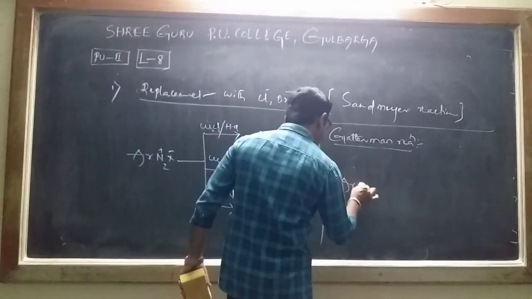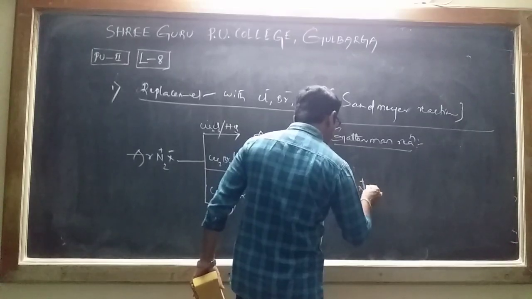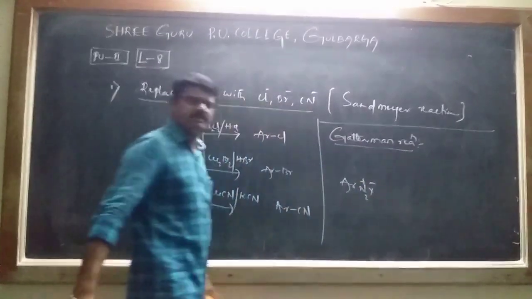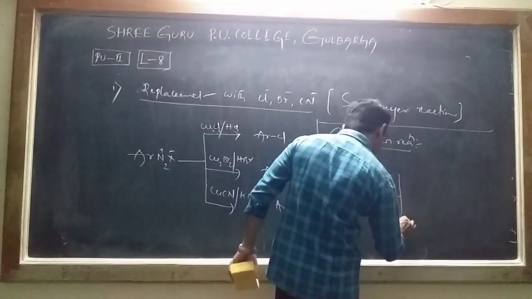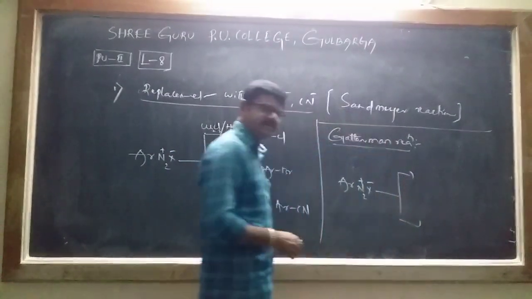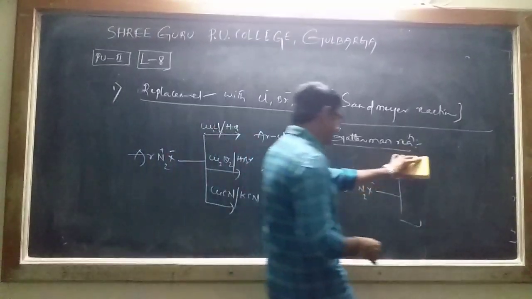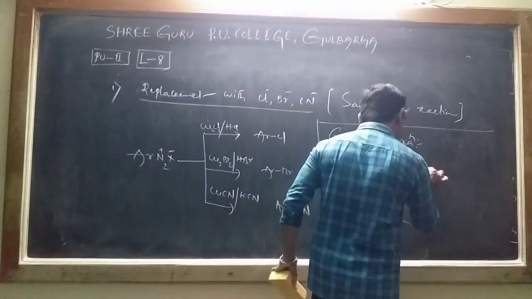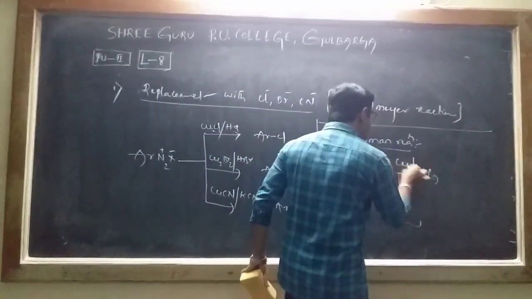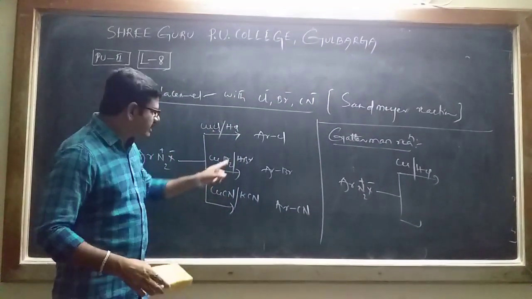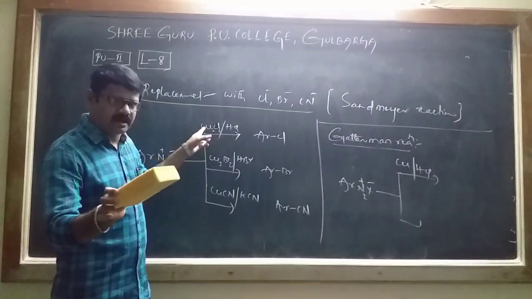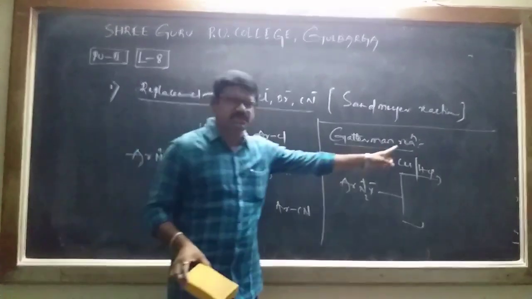Again I am taking a general diazonium salt, Ar N2 plus X minus. It reacts with HCl, now slightly differently, in the presence of copper metal, the elemental state. Here it is not Cu1 oxidation state but Cu0.